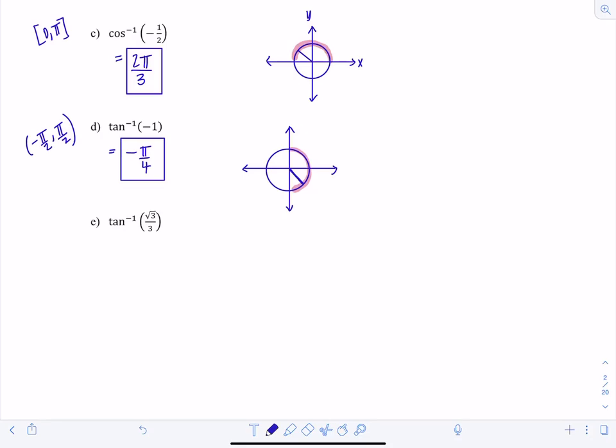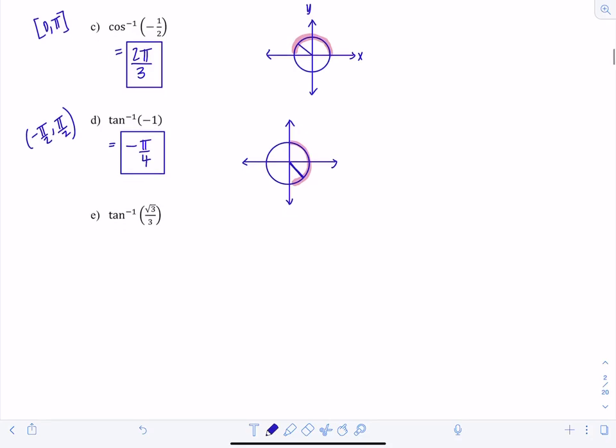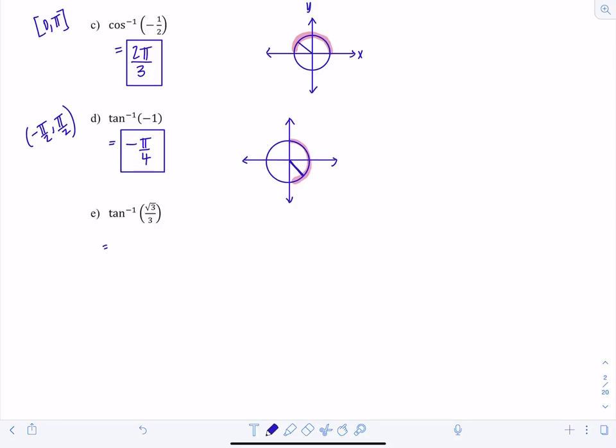Last one of these kind is tan inverse of rad 3 over 3. So what I like to do with these is think about what it was before the denominator was rationalized, right? So if it's rad 3 over 3, that means originally it was 1 over rad 3. And we know tangent is sine over cosine. So that means sine was 1/2 and cosine was rad 3 over 2.